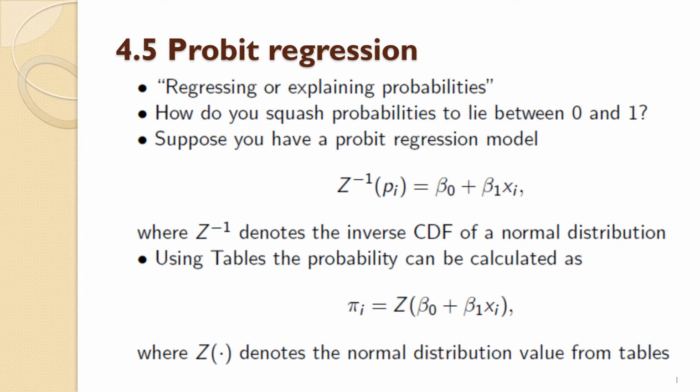Now, if you were doing a hand calculation, and this was something you'd be asked to do on a final written exam, then this would be z of the regression bit, where z is a normal distribution value from tables. If you're asked to do a computation as part of the coursework assignment for this module, then in R, the function z is something called pnorm.